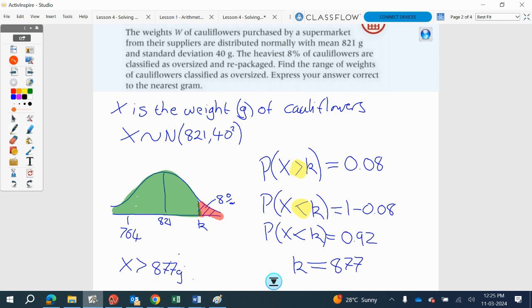No, what it comes from is, in the normal distribution, how many cauliflowers will be 877 grams? 8% will be more than 877. How many will be exactly 877? Really small. None, because it's continuous data. They'll be either side of that very finite point.